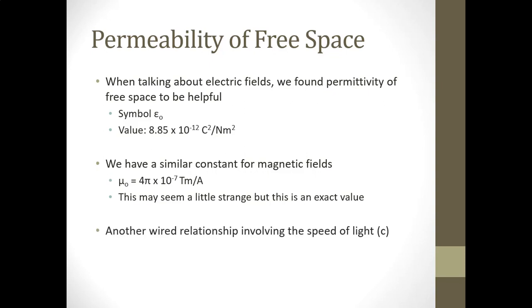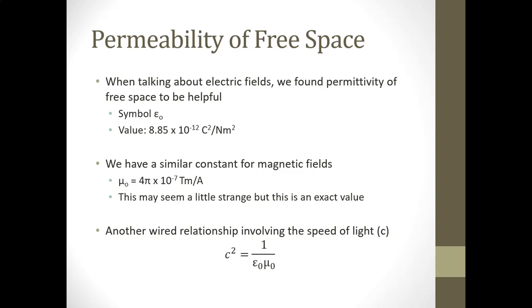Now, there is another weird relationship here between the permittivity of free space and the permeability of free space. If you square the speed of light, you get the value 1 over epsilon naught times mu naught. That is really strange to me.